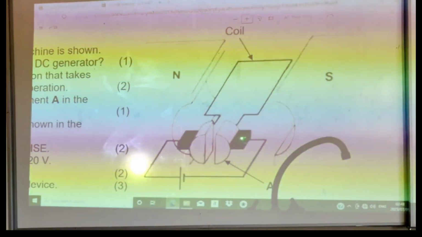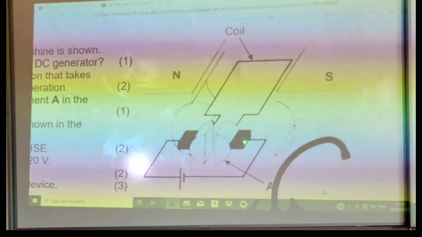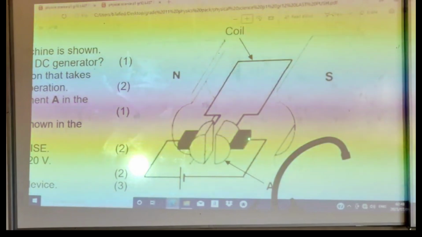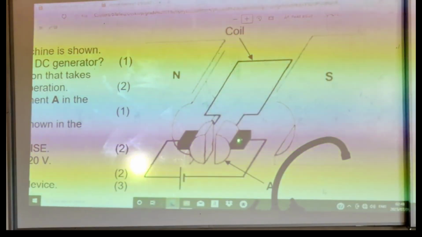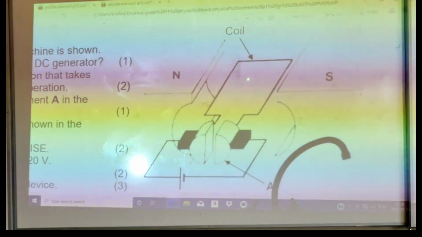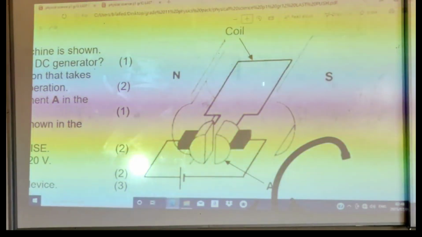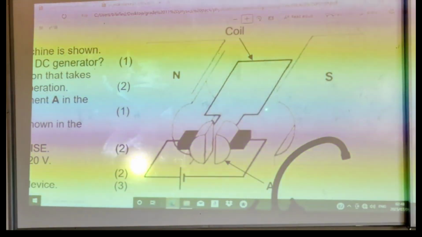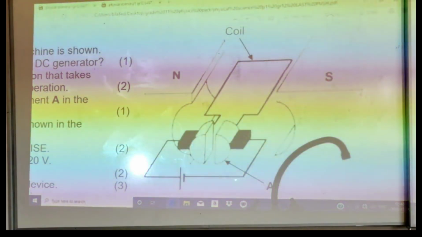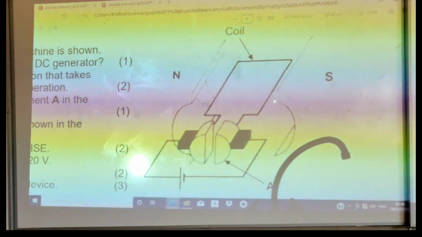As I told you, the function of a carbon brush is to complete the circuit. So the circuit is completed. This carbon brush is causing current that is conducted in the rotating wire to be conducted out of the coil to the external part of the circuit.